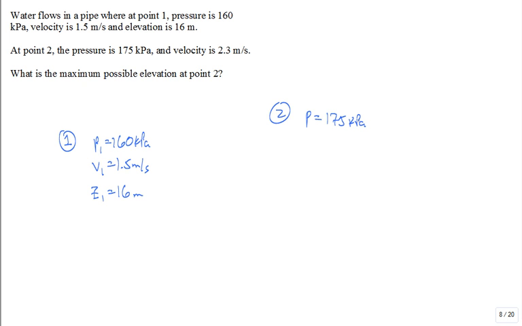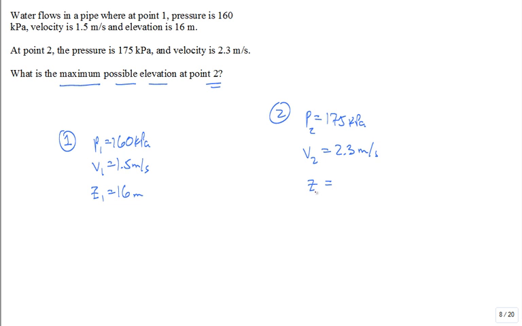The velocity at 2 is 2.3 meters per second. Did it go up or down? It went up a little bit. And the elevation's not known, but they say, what is the maximum possible elevation at point 2?